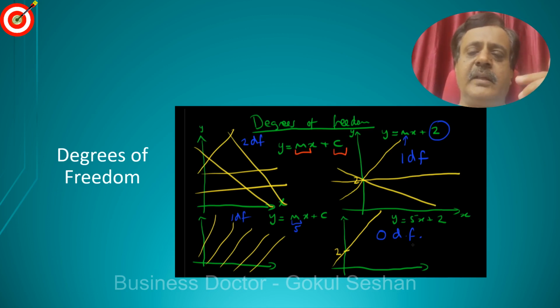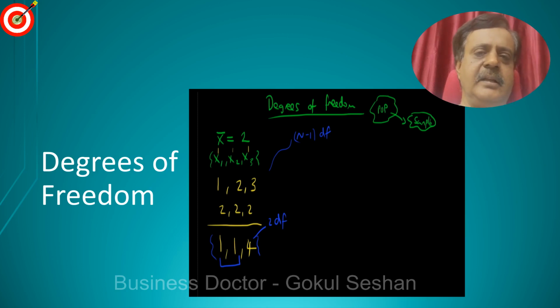Let's move on to another example on degrees of freedom. You are given 3 numbers 1, 2, 3, and you have to ensure that the average is 2. Then what are the ways by which you can get it? You can get it as 1, 2, 3, or all 3 can be 2, 2, 2.